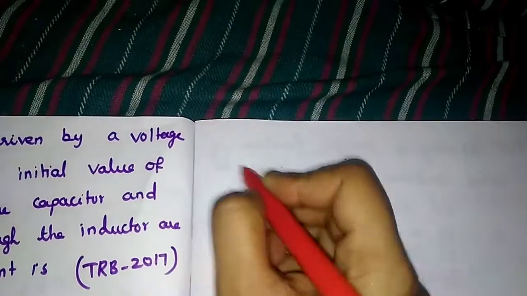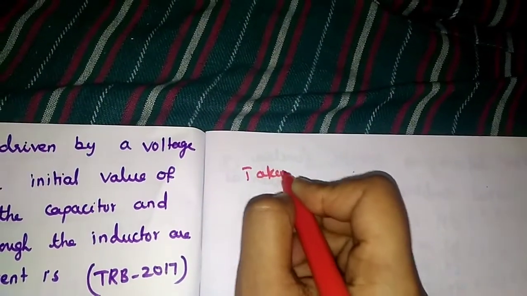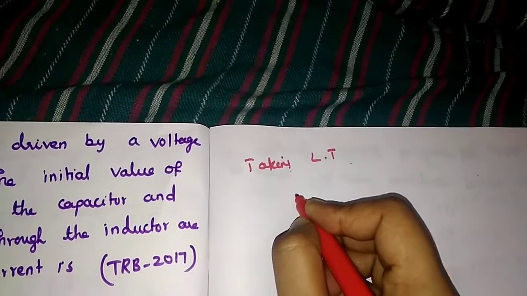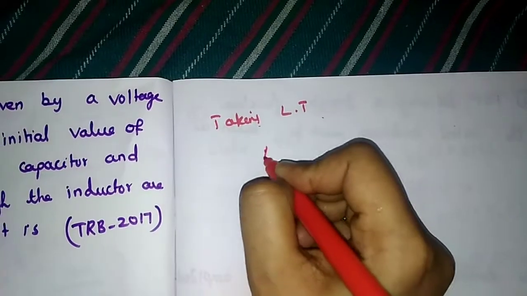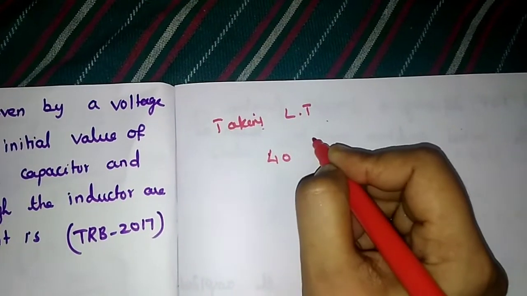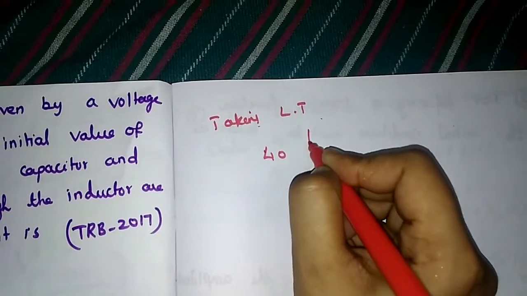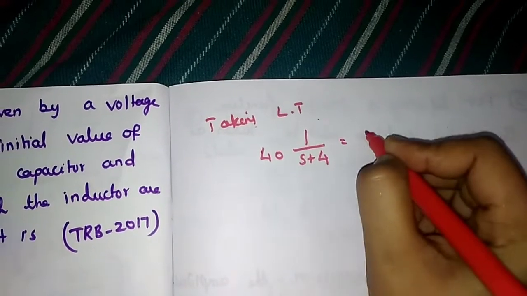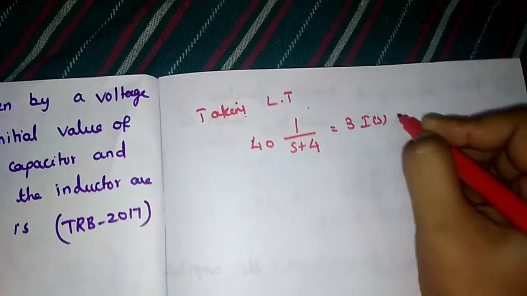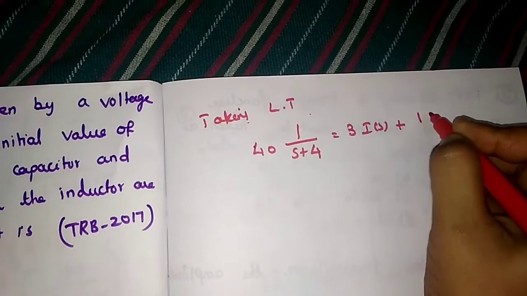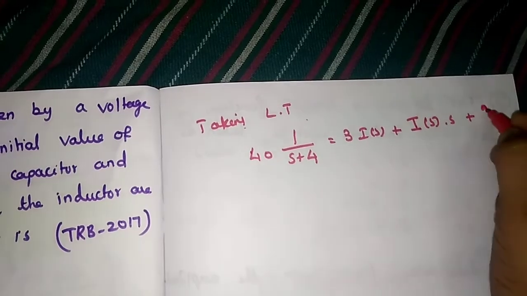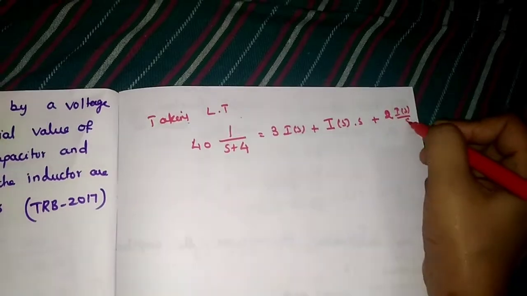Next we have to find the Laplace transform. So the next step is taking the Laplace transform. So we will get 40 times the formula for e^(-4t), that is 1 divided by s plus 4, equal to 3 I(s) plus 1 I(s) into s plus 2 I(s) divided by s.